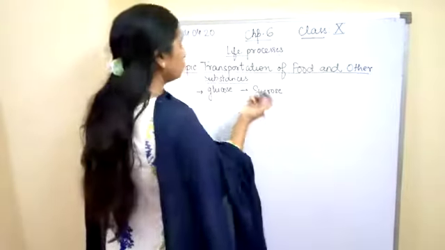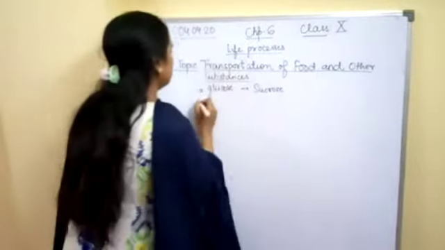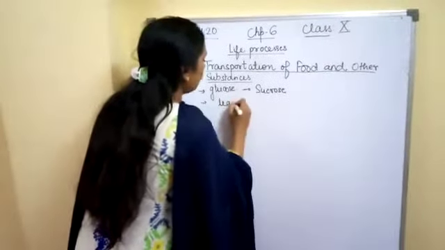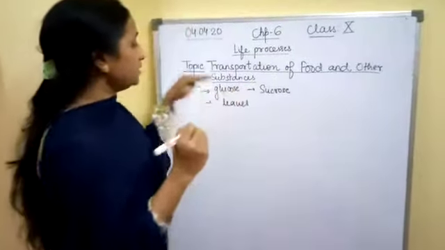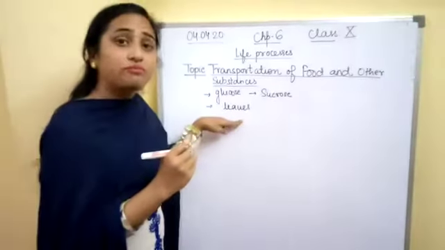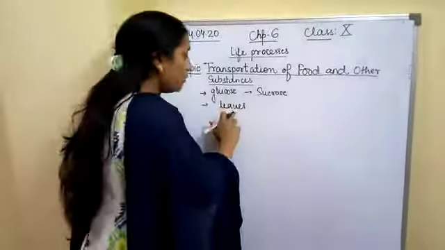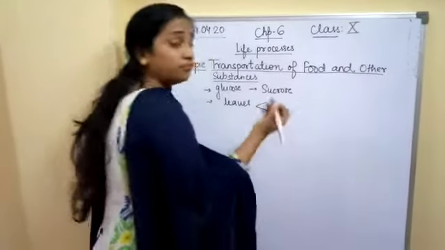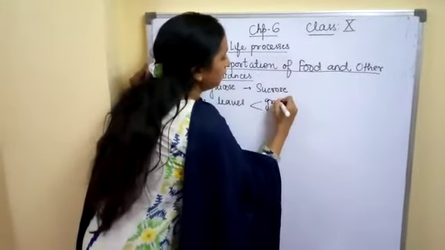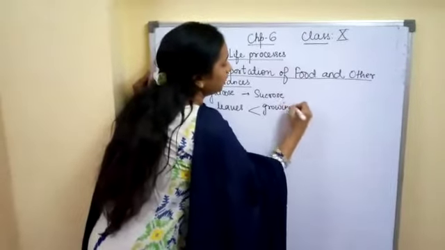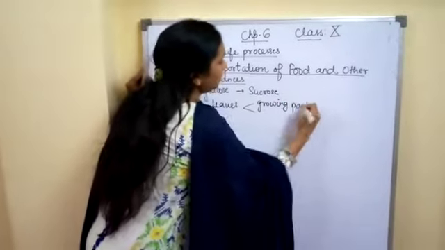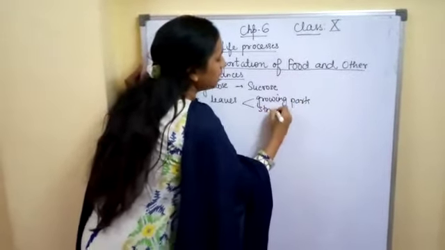And as you know, photosynthesis occurs in the leaves. So what is the target? The transportation of the soluble products of photosynthesis from the leaves to the different growing parts of the plant and different storage parts of the plants.